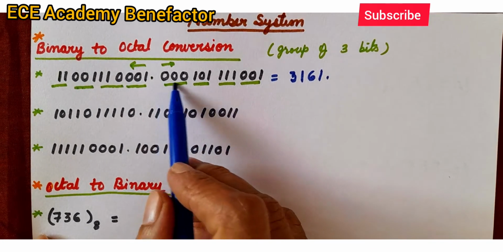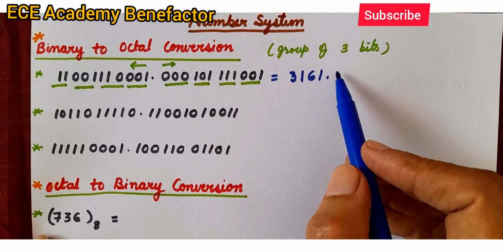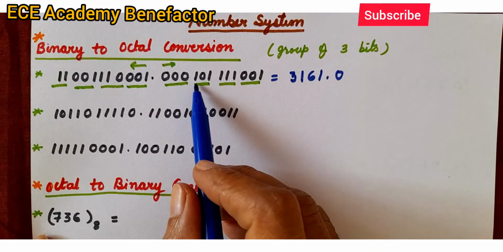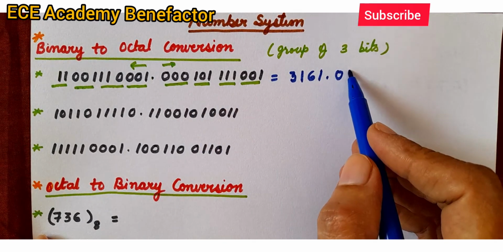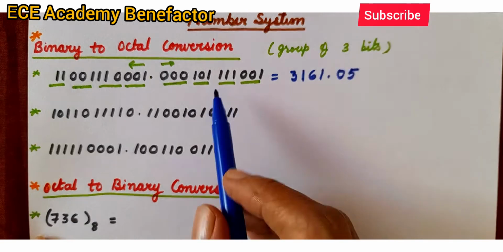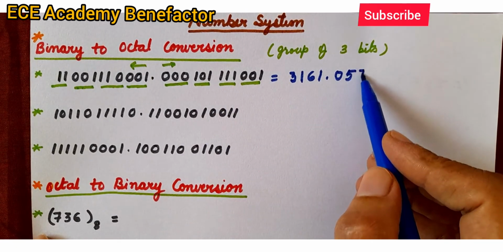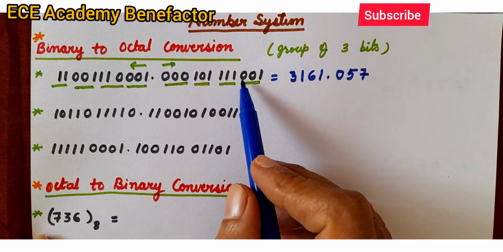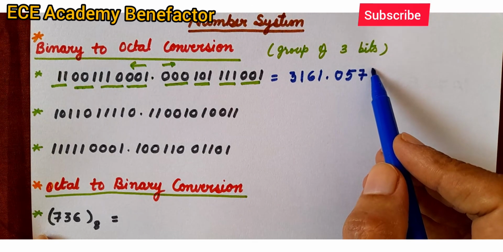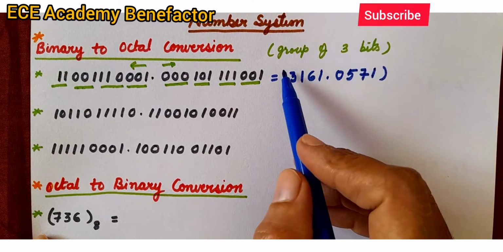Dot. 000 is what in octal? 0. 101 in octal is 5. 111 is 7. 001 is 1.